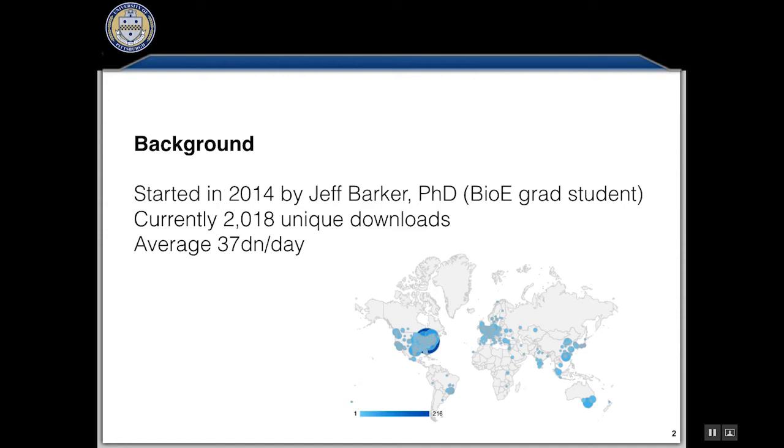Right now, this is just the distribution of people that have downloaded our toolbox. We've got a large concentration on the east coast of the U.S., a large concentration in Texas, apparently. Most of Europe, some of Asia, even some areas of Africa and Australia are starting to use this.